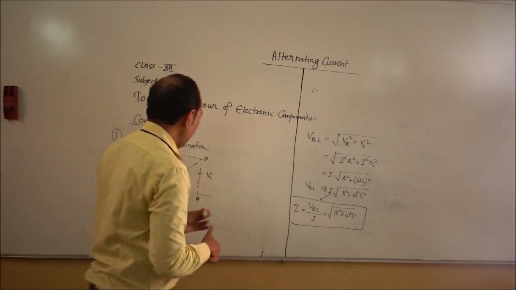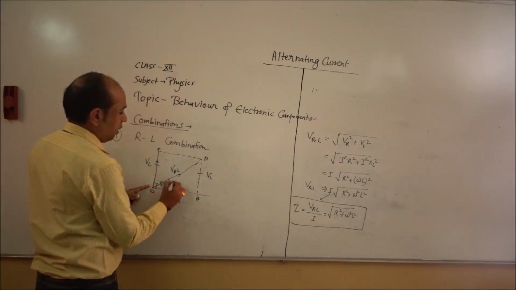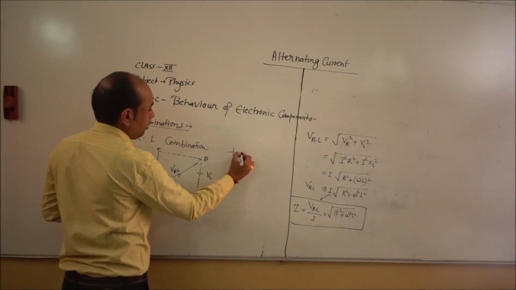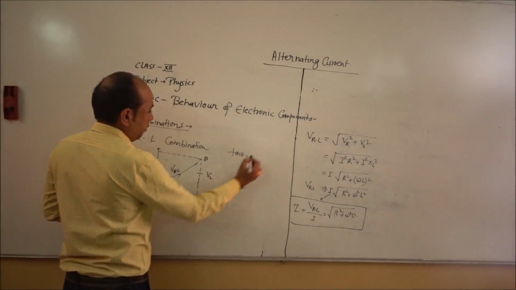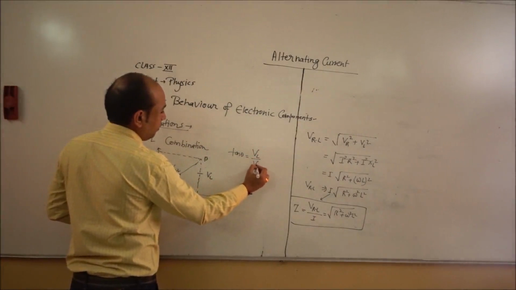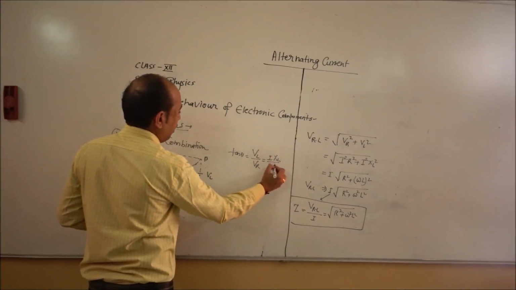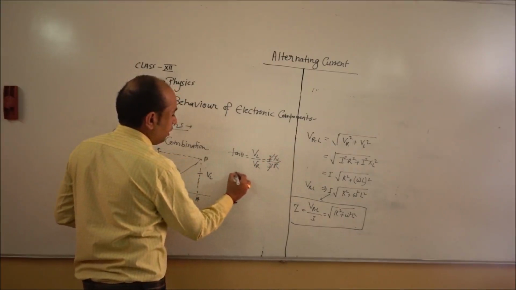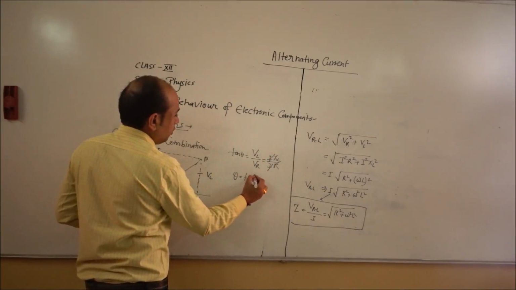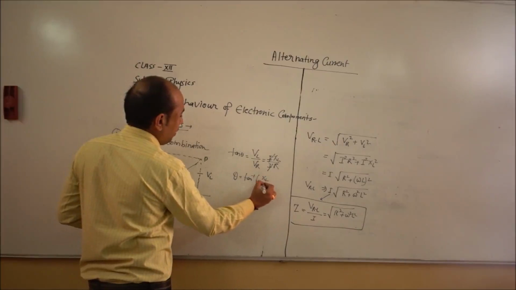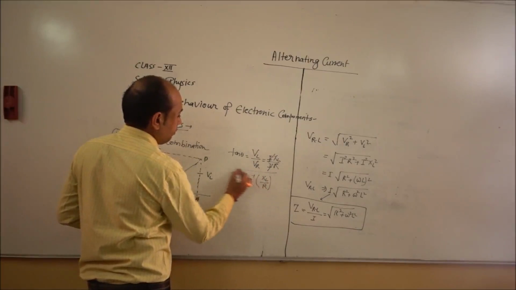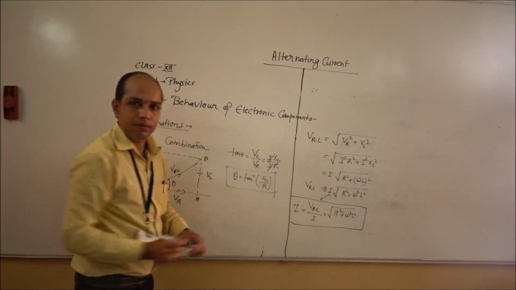And we find out the angle. So suppose this angle is theta, so tan theta is equal to VL by VR, that is I XL upon I R. I and I cancel out and theta is equal to tan inverse XL by R. Thank you.